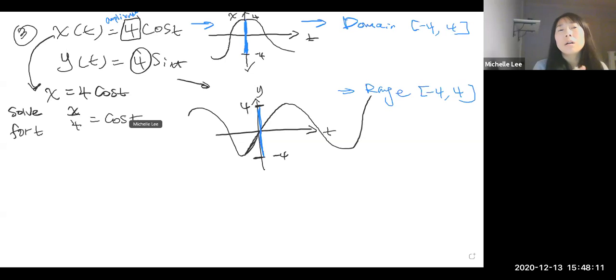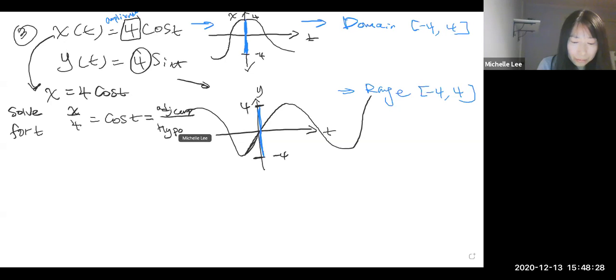Now, before I solve for t, in the right triangle, I want to express this as what is called adjacent side over hypotenuse. Hypotenuse. Right? Okay, so I want to write down here.